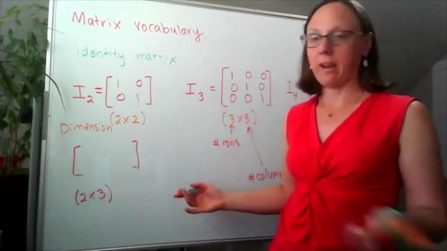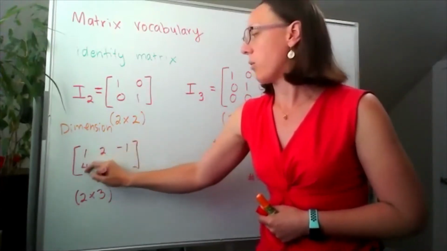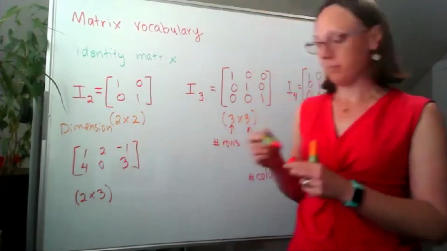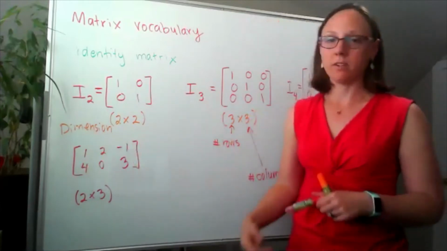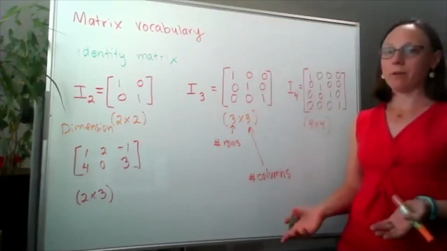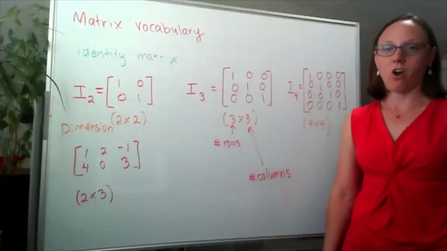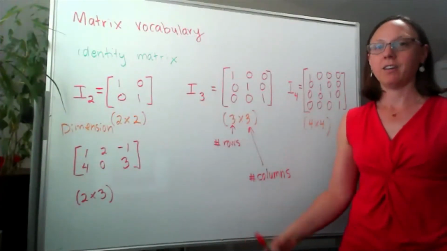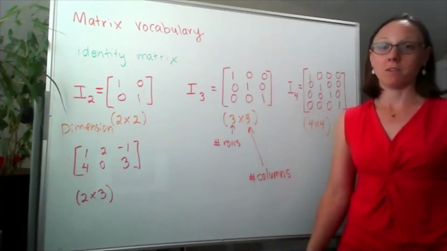Maybe something like 1, 2, -1, 4, 0, 3. That has 2 rows and 3 columns. When I was first taking linear algebra, my teacher said, just remember all matrices are Roman Catholic. So remember that R comes before C. Our rows come before columns.